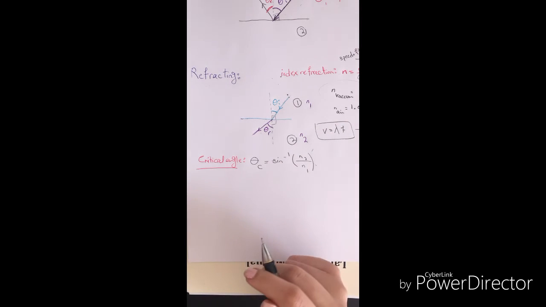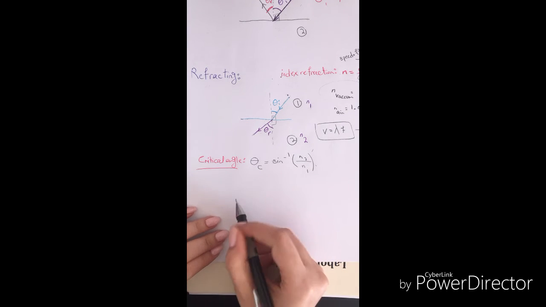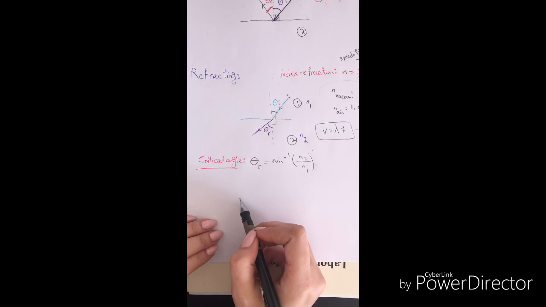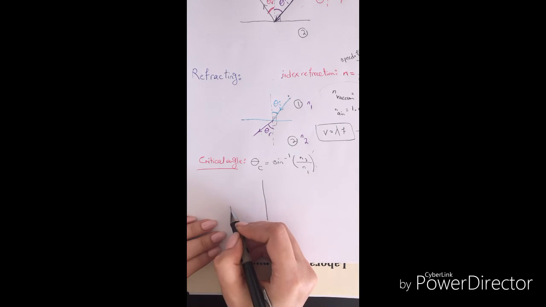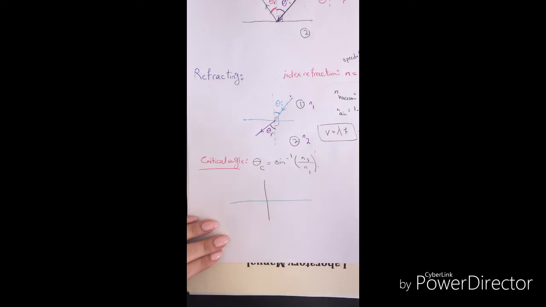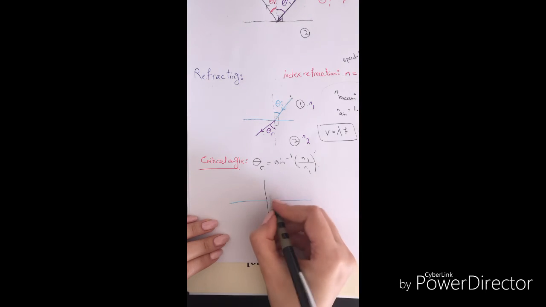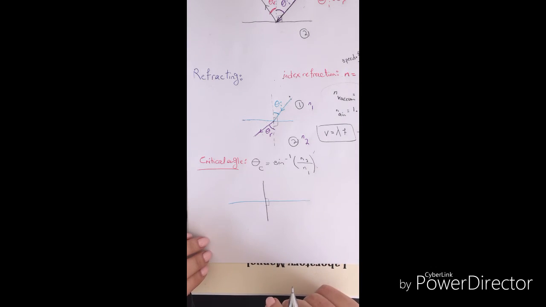So when we find a critical angle, now we talk about the critical angle. Okay, so this is our surface, and this is a vertical axis, which means it's perpendicular to the surface, and we measure the angles with respect to the vertical axis.